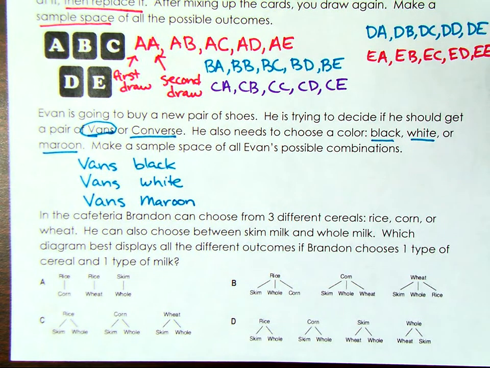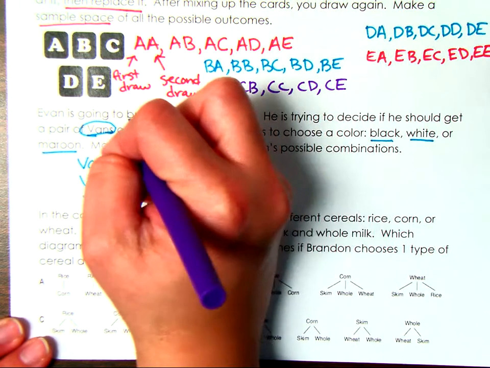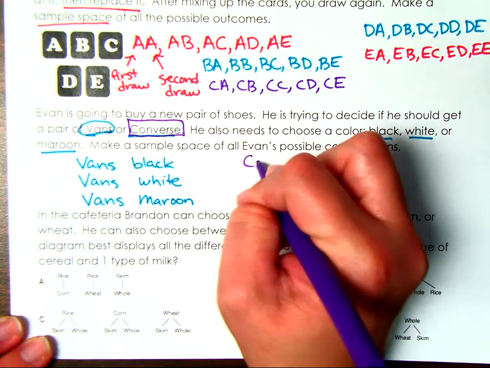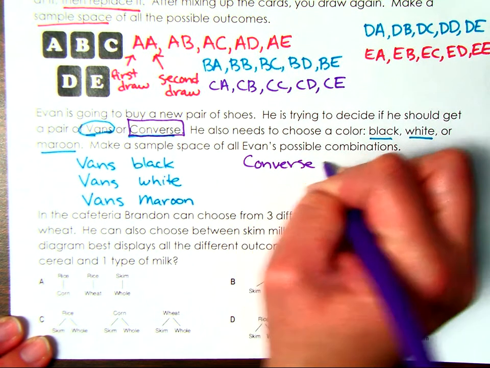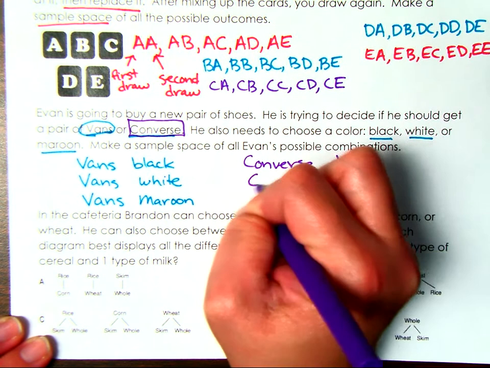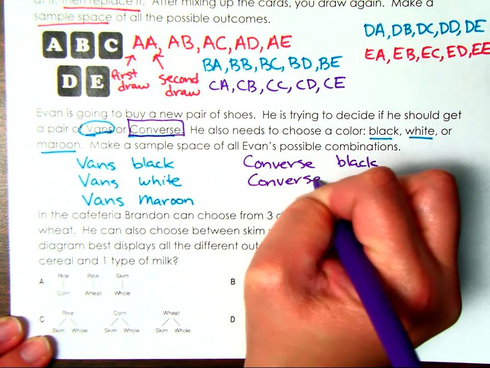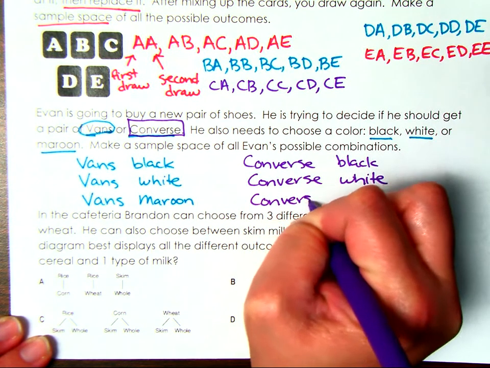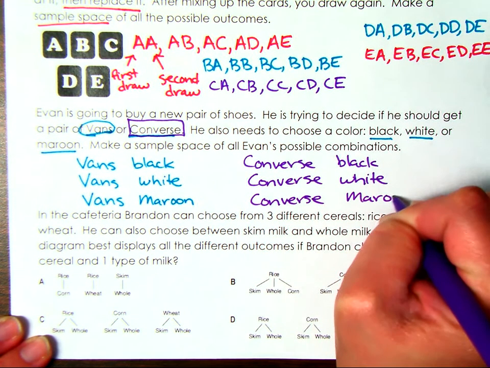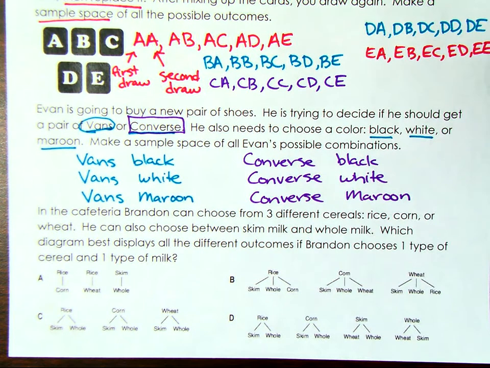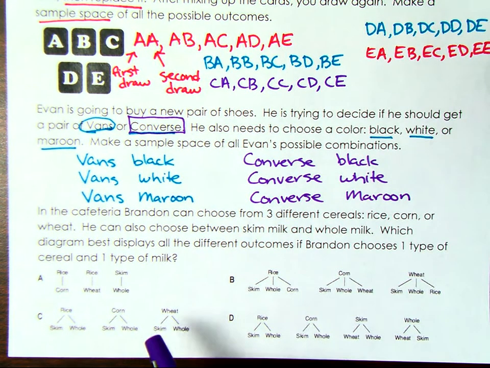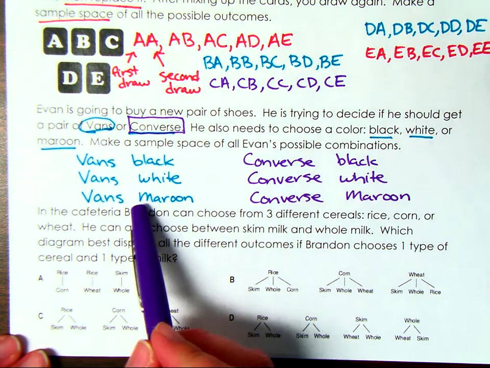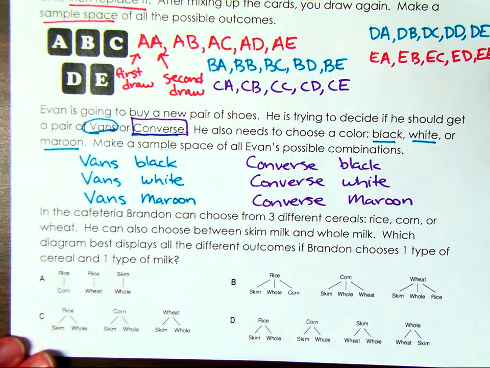But he can also choose the Converse, and we can say the Converse can be black, Converse white, and the Converse maroon. So hopefully you're seeing the pattern that we're looking at. Those 3 different colors with those 2 different types of shoes. So that's a total of 6 combinations.